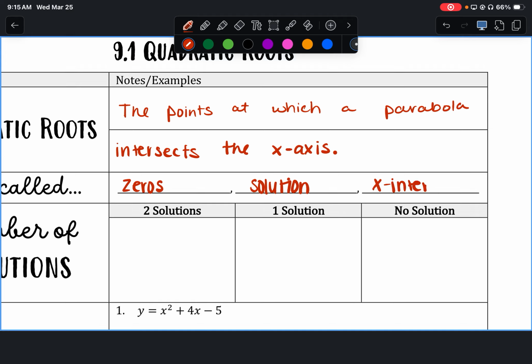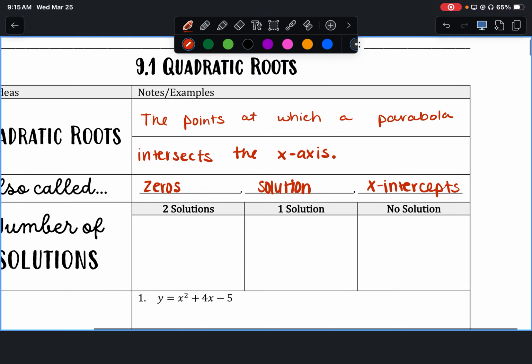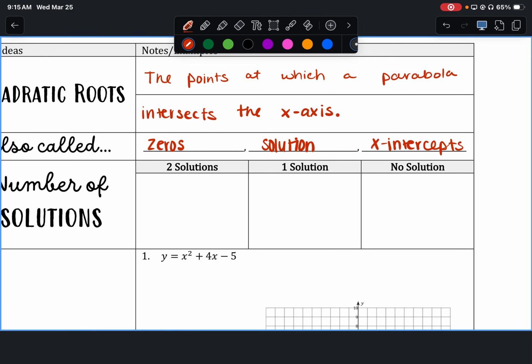So when we look at this, we're going to start with number 1. What is our A term here? 1. What is our B? 4. What is our C? So we're going to use those to find our axis of symmetry. We're going to do x is equal to negative b over 2a.